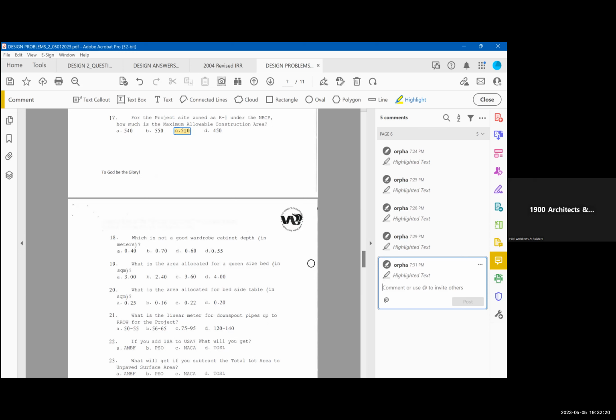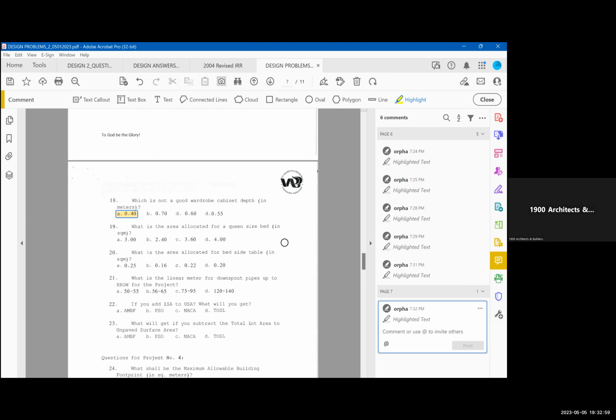Syempre, from 0.6 na standard, mas okay kung mas malaki, di ba? 0.7, magkakasya yung wardrobe nyo, yung hanger. Yung 0.55, I think it's tight, di ba? Pero yung pinaka-least na advisable is of course yung pinakamaliit. So, it's 0.4. Yun ang sagot. So, it's letter A.